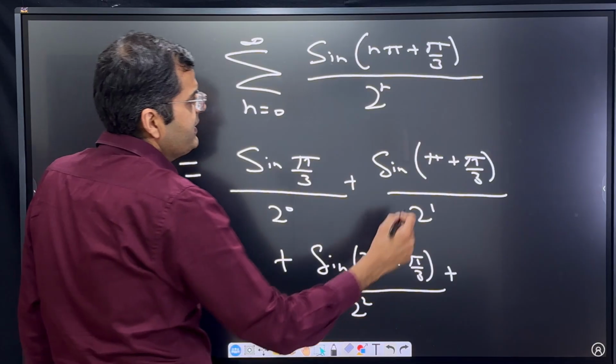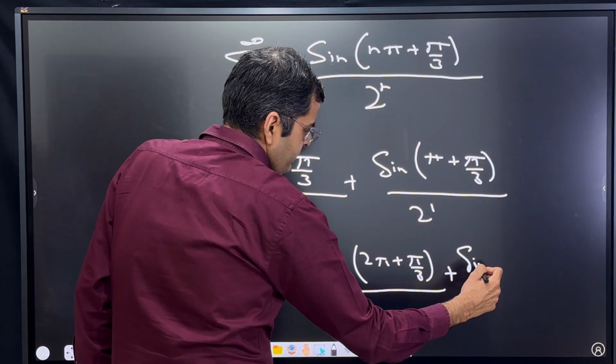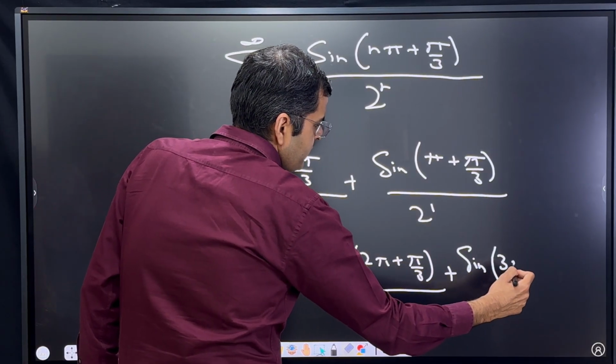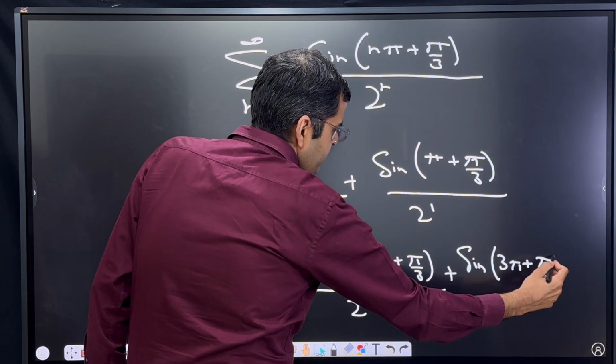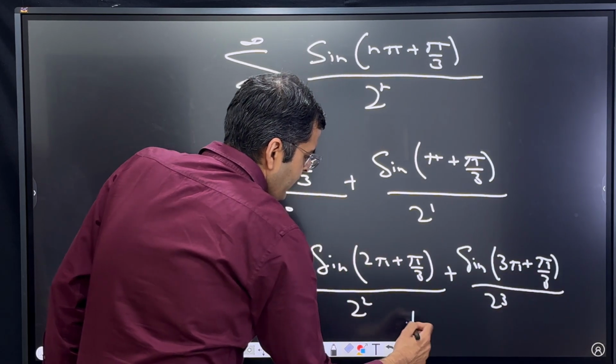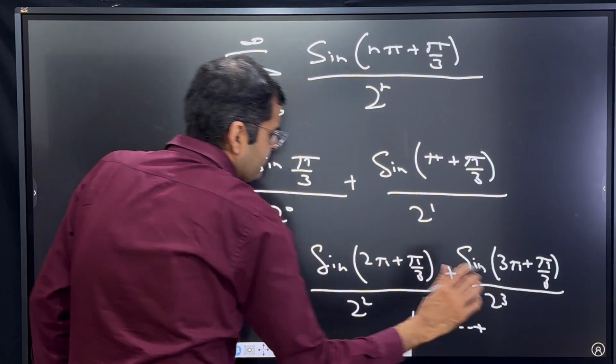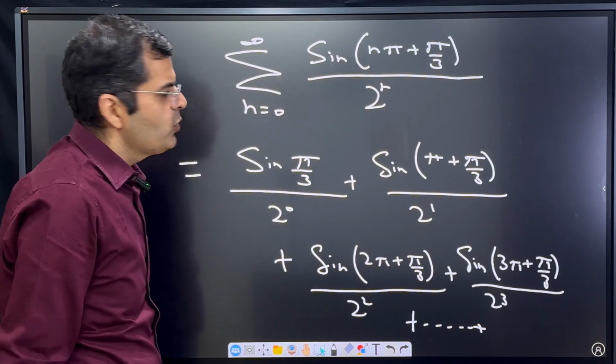If I put n as 3, it will be sine of (3 pi plus pi by 3) divided by 2 raised to 3, and so on and so forth till infinite.